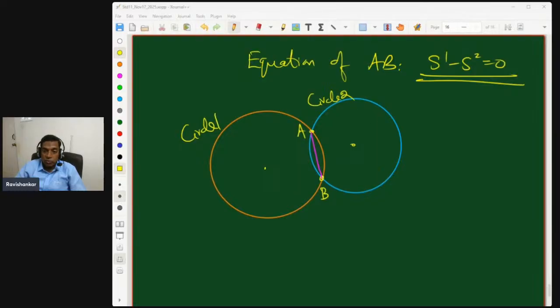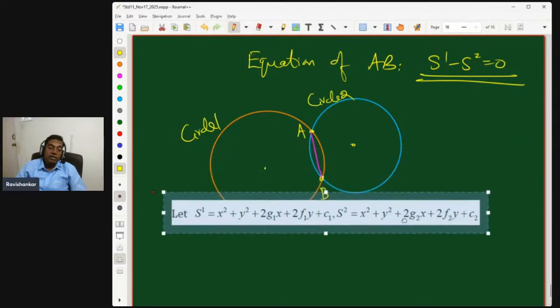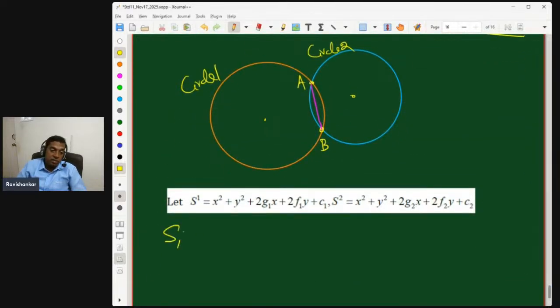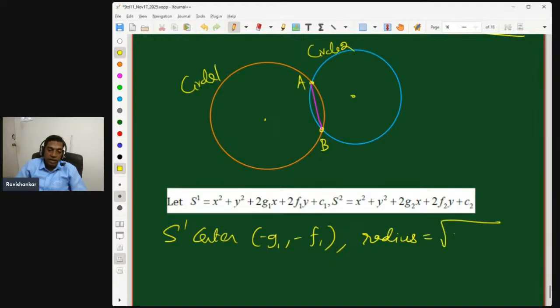S1 is x squared plus y squared plus 2g1x and so on, where the center of S1 is minus g1, minus f1, and the radius is root of g1 squared plus f1 squared minus c1.